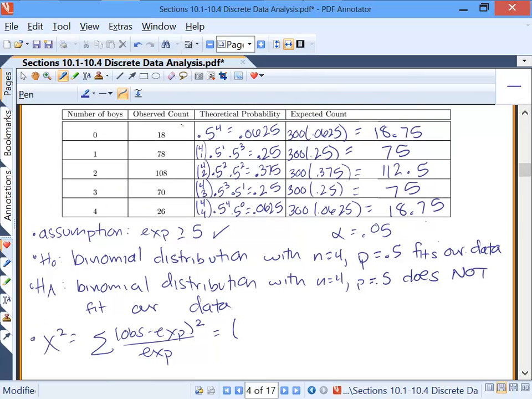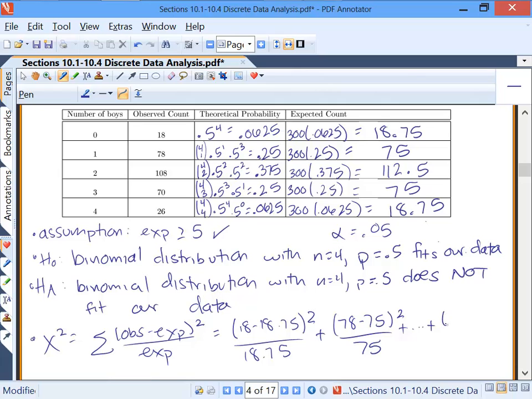So in this case, my observed is 18 minus the expected of 18.75 squared divided by 18.75 plus the next one of my observed of 78 minus the expected 75 squared divided by 75 plus, and then you'll notice I'll just do plus dot dot dot at this point because it seems kind of silly to have to write them all out.